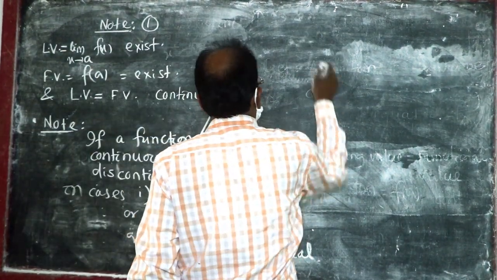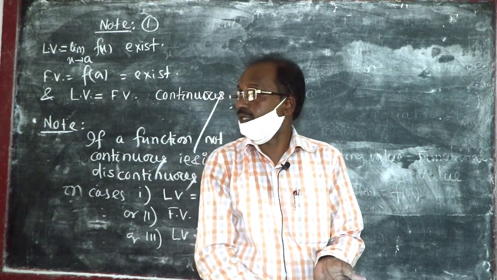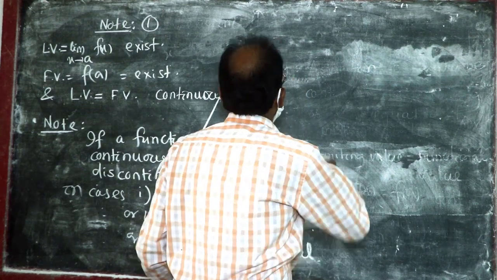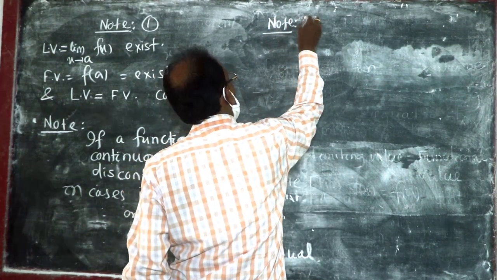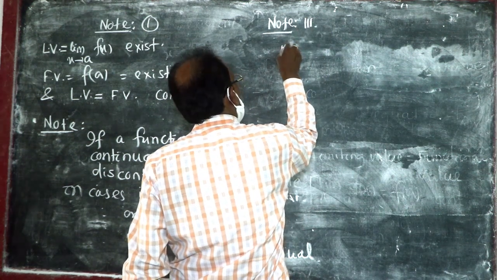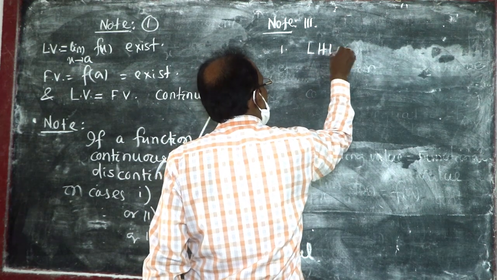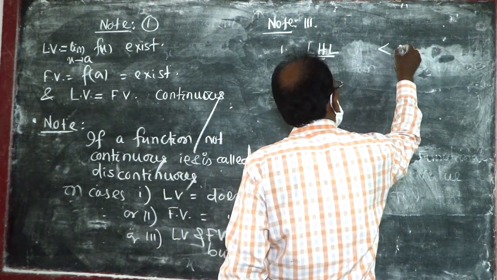So, in case of continuity of a function, the continuity is tested at a given or particular point. That is note 3. In case of LHL, we have to take the less than condition.